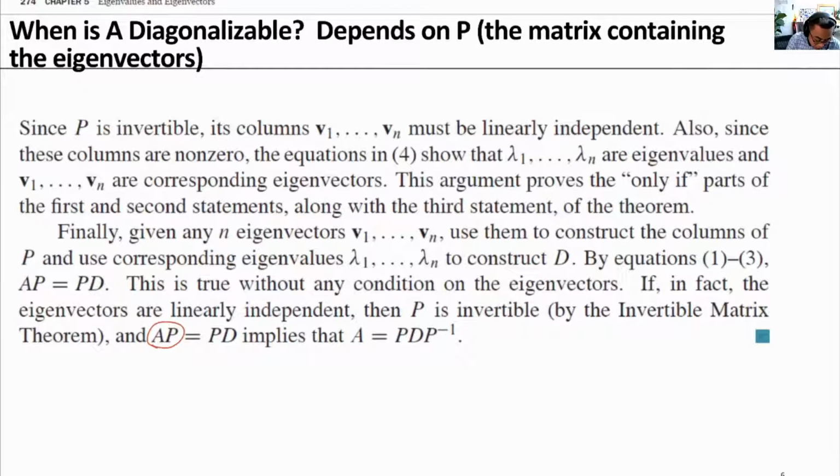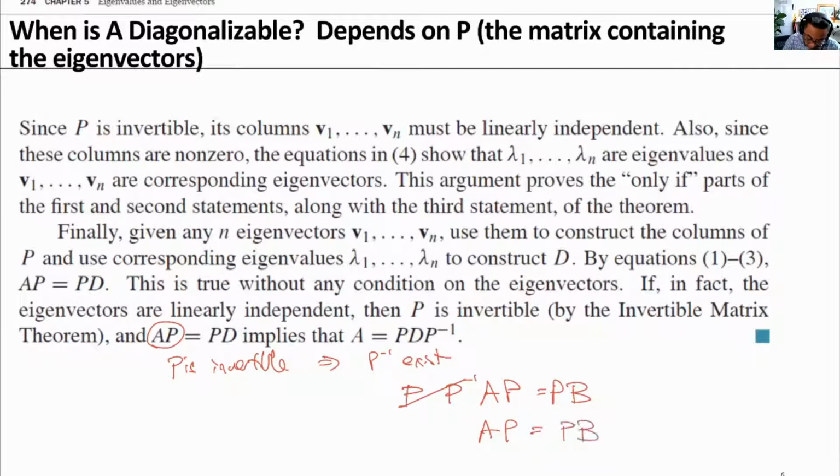First, let's assume that P is invertible, implying that P^-1 exists. Then we have AP times P^-1 equals a matrix B, let's say. And when we pre-multiply both sides by P on the left-hand side, we'll have AP equals PB.